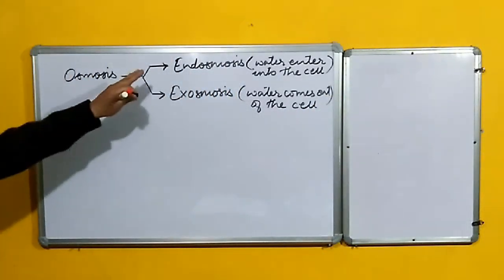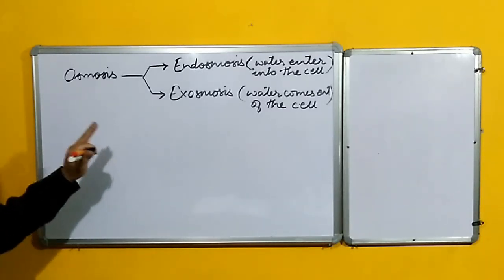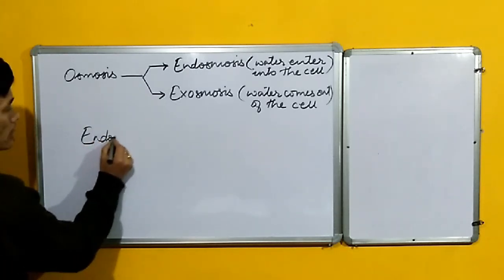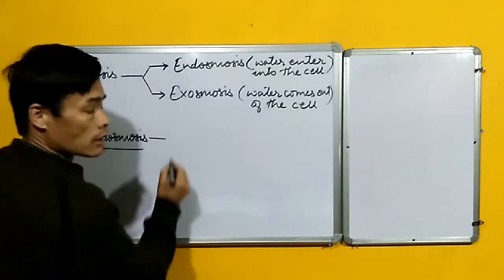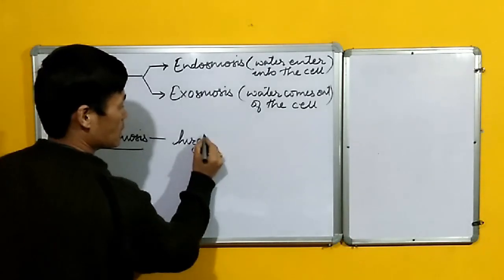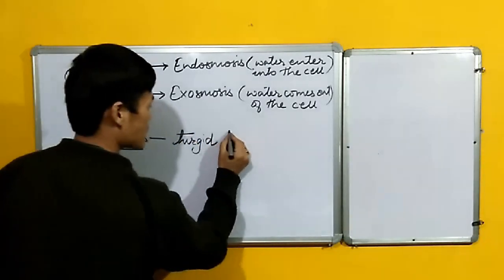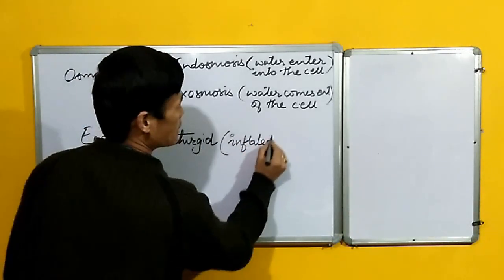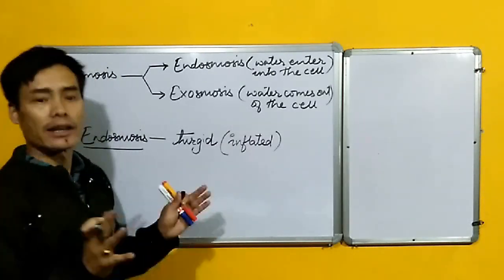Now, these two conditions play a very vital role in the plant body. Endosmosis makes the plant turgid. That means the plant's cells become inflated, which enables the plant to stand erect.